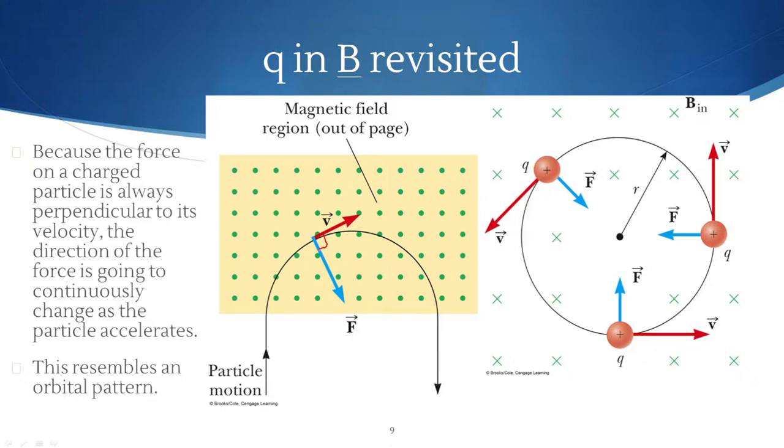It's always pointing to the center of some orbital circle, and the velocity keeps changing directions to always point tangent to the circle as that force keeps changing direction. So you get this situation where the proton or electron starts undergoing circular motion if it's fired into a field at the correct angle.